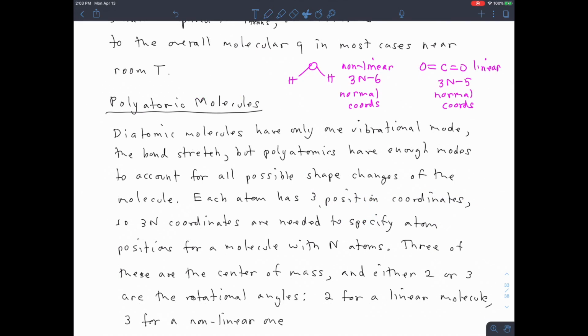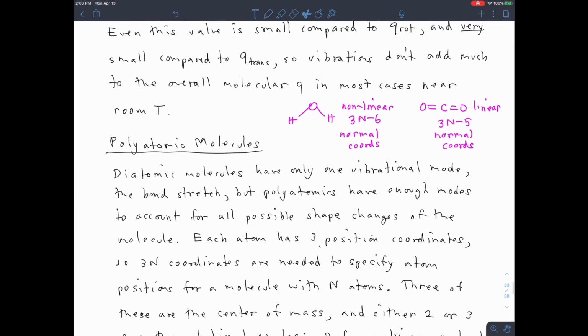So for water, which has n equals 3 atoms, there will be 3 normal coordinates. And for CO2, which also has 3 atoms but is linear, there will be 3n minus 5, 9 minus 5, which is 4 normal coordinates.